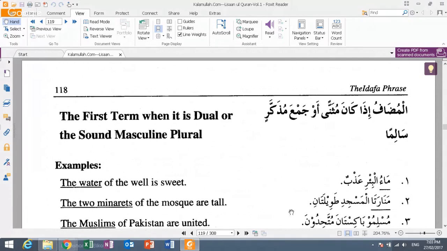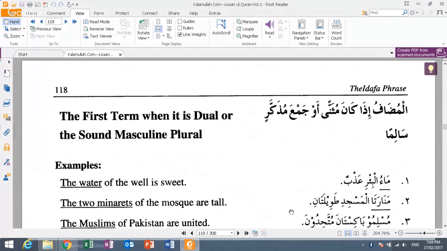The question is, if you do not see the book, it sounds like singular, isn't it? If it is nasbi case, Ra'aytu Rajula al-Madinati, I give the example.